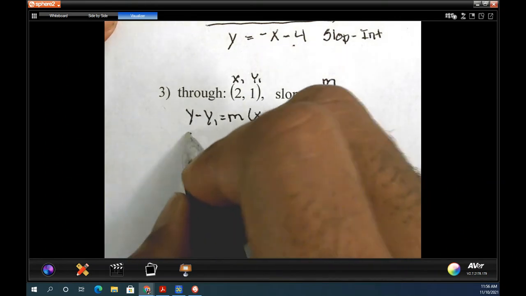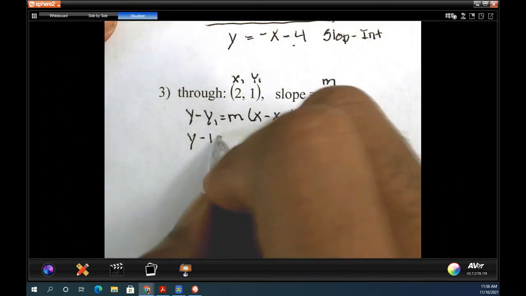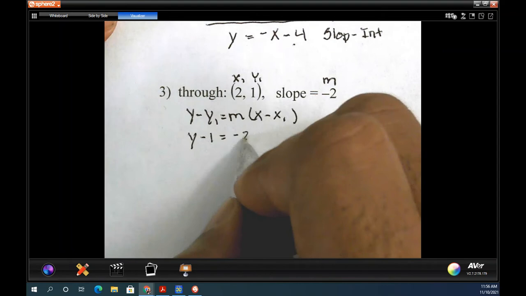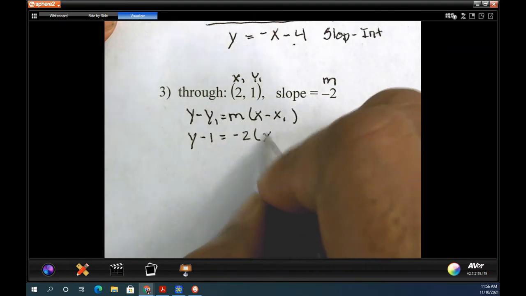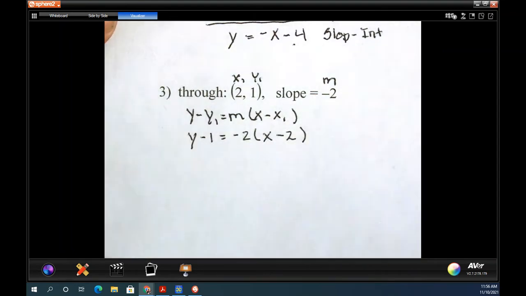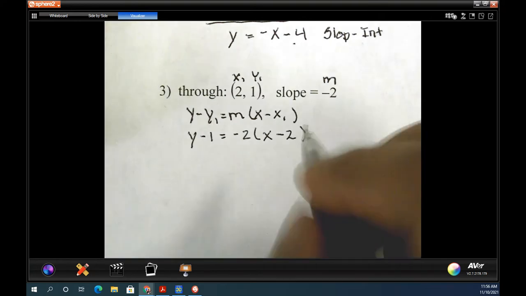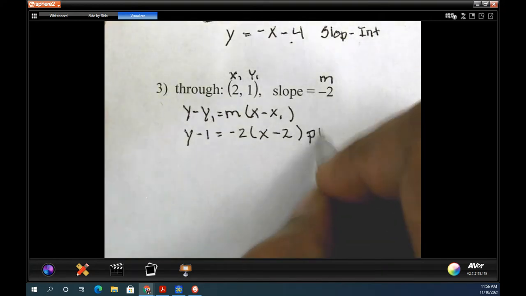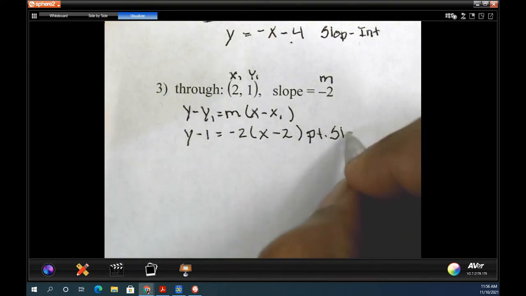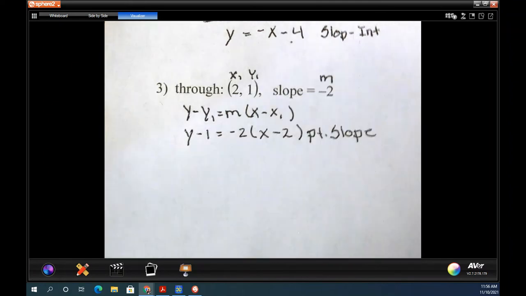So this would just be y minus 1 is equal to negative 2 times x minus 2. Okay, there's no double sign, so we're good. It is in point slope. There's my point slope form right there. So if it asks, you don't have to go any further. You got it in point slope.